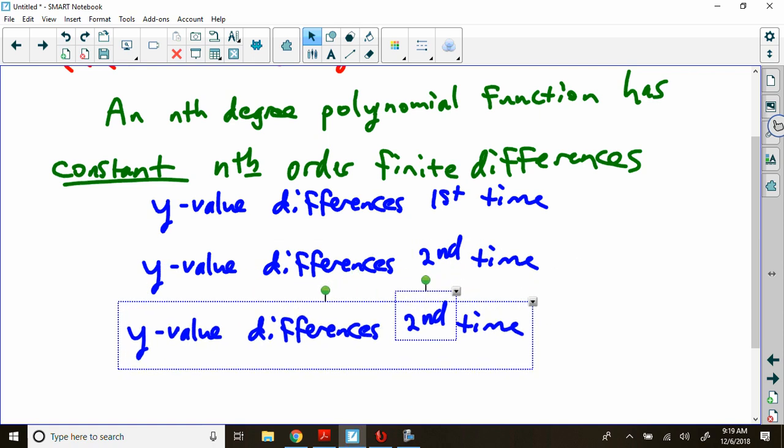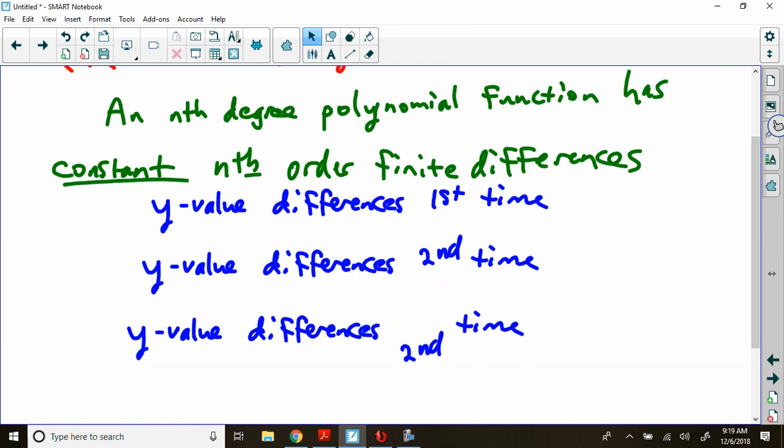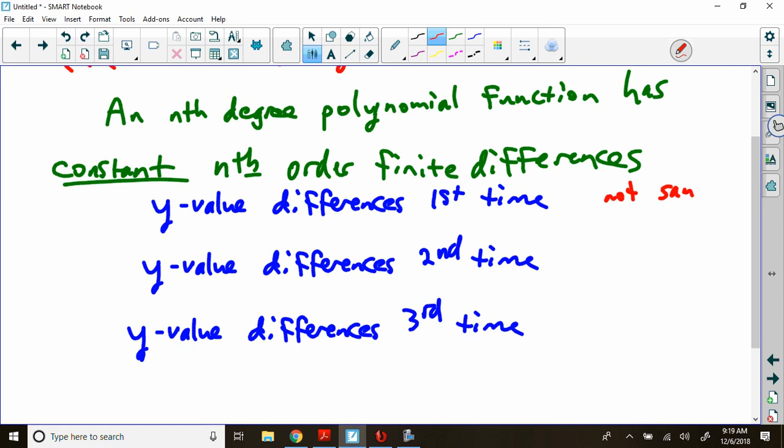The y value differences the third time. So the y value differences, if they're not the same here, but they are the same here, then what that means is that the degree is 2. It's kind of confusing. An example is going to make great sense of this.